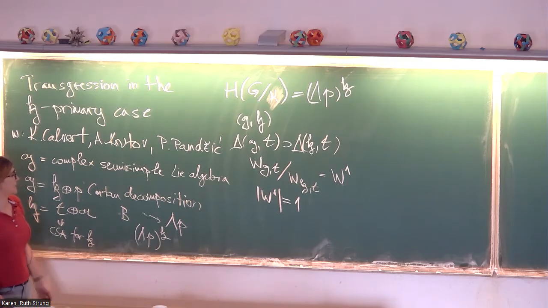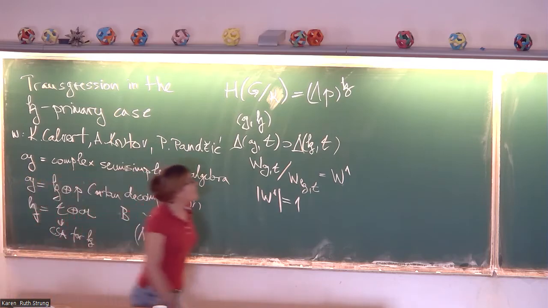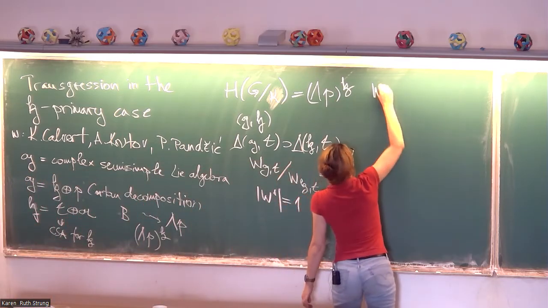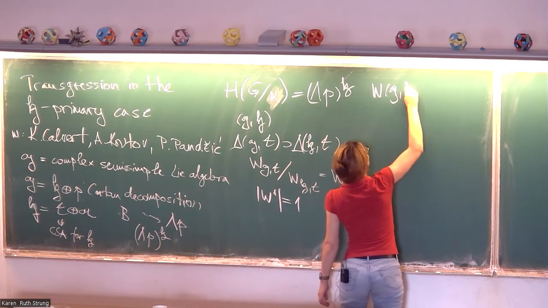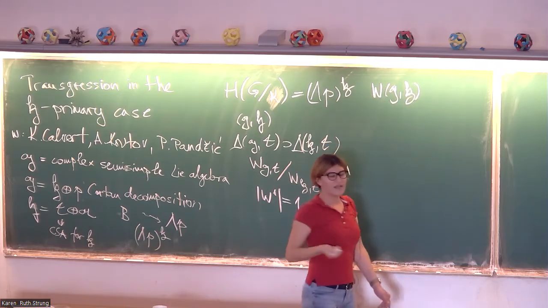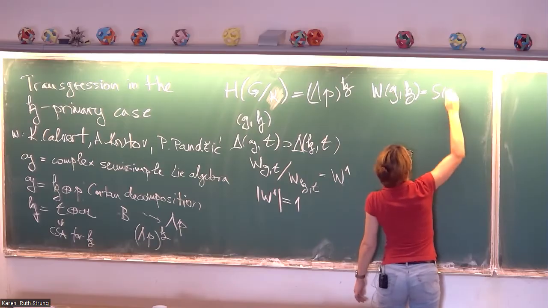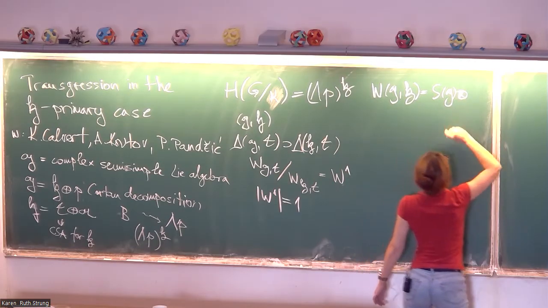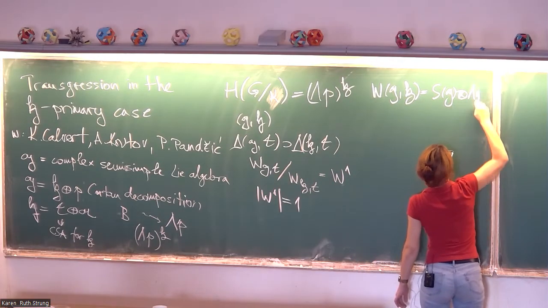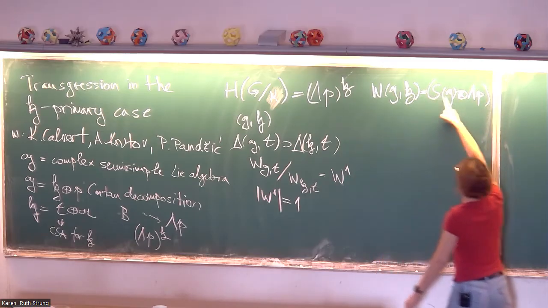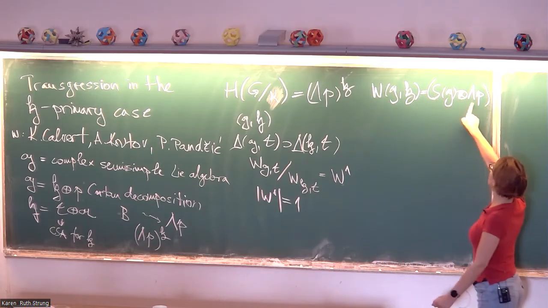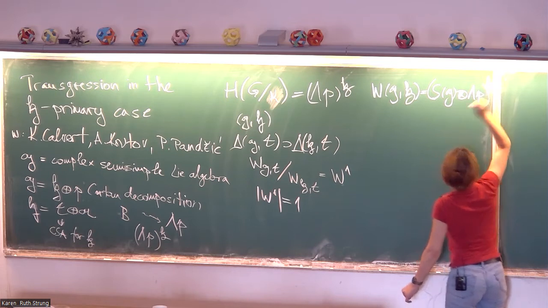So now let's get to the domain. Let's define the relative Weil algebra as k-invariants in the tensor product of symmetric algebra of G and the exterior algebra of P.